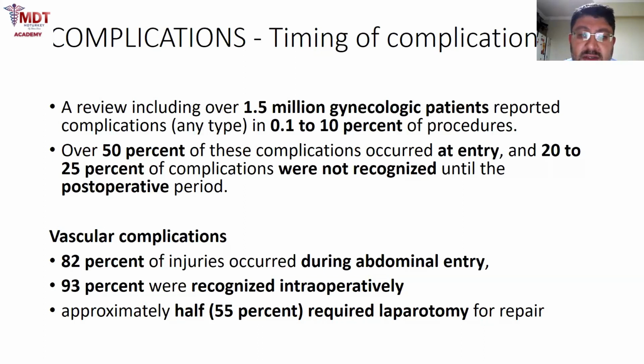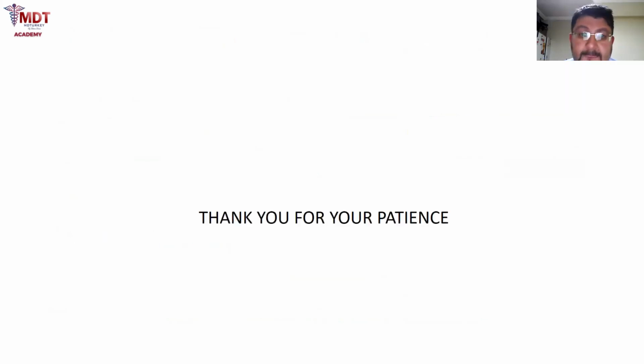You see 82% of injuries occurred during abdominal entry, and 93% of these vascular complications are recognized intraoperatively, and half of them require laparotomy to repair them. And this was the first session.